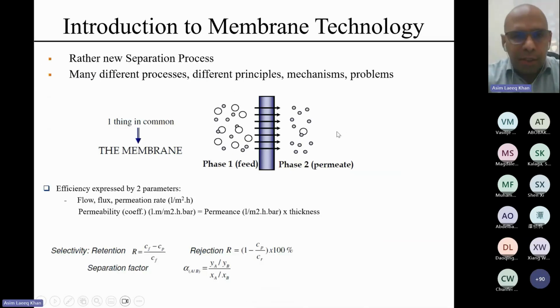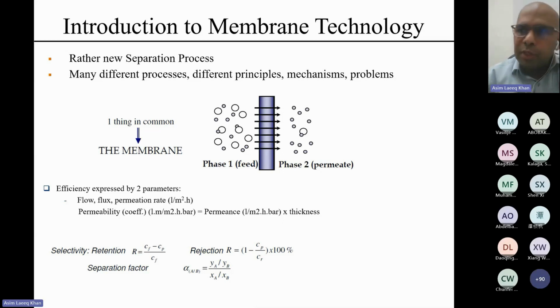When we compare this technology with other technologies, it is a relatively new separation technology, and we have seen more and more applications of membrane technology in the past couple of decades. So there are many applications of membranes.